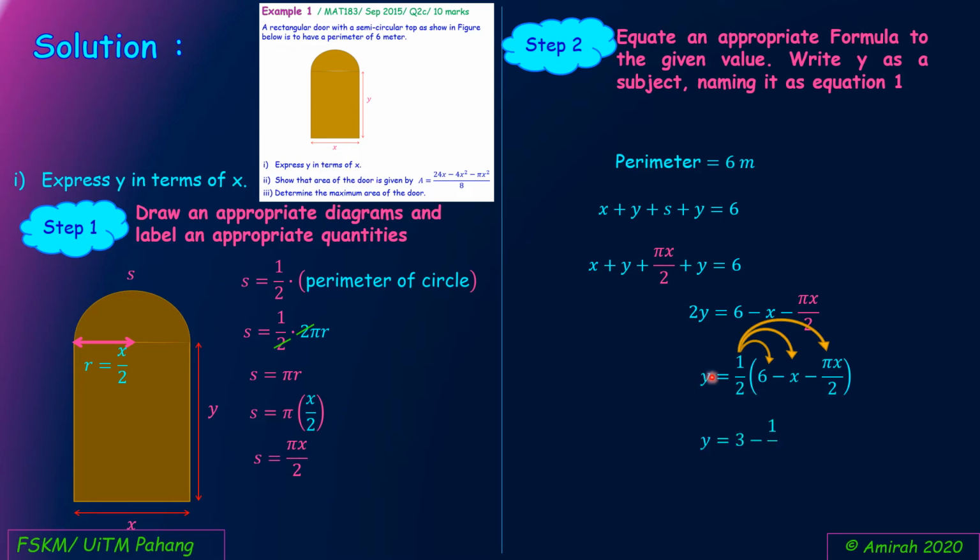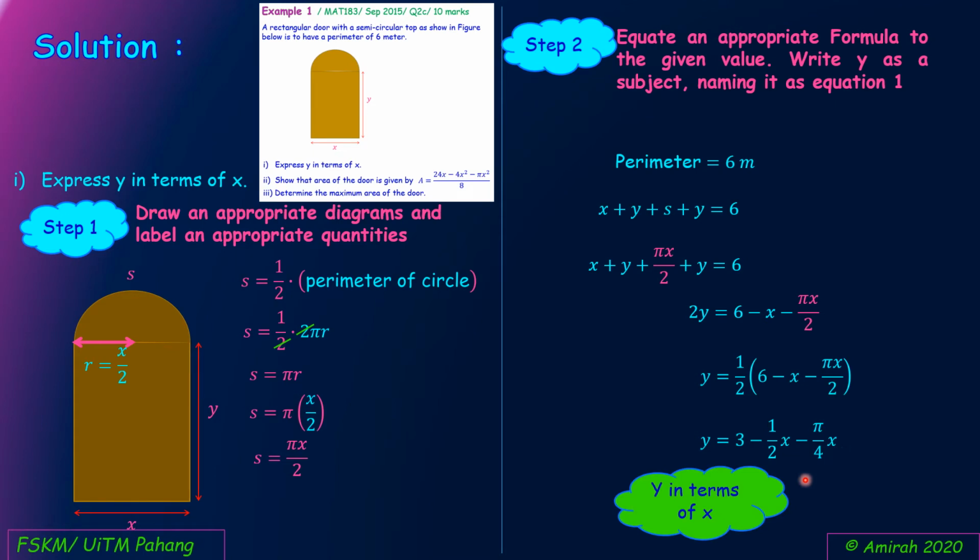Then we expand one by one, and we get y equals 3 minus half x minus pi over 4 x. This is y in terms of x. So this is the answer, and we can name it as equation 1 to solve the next question.